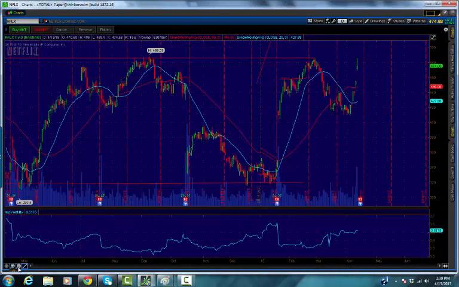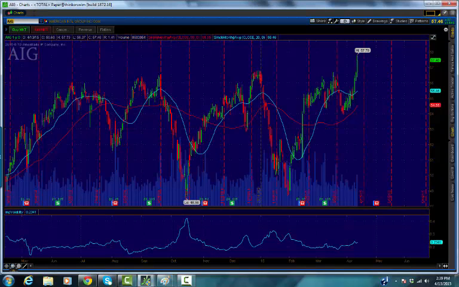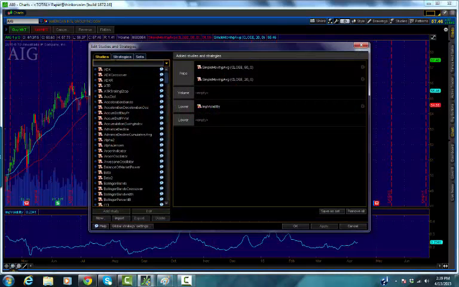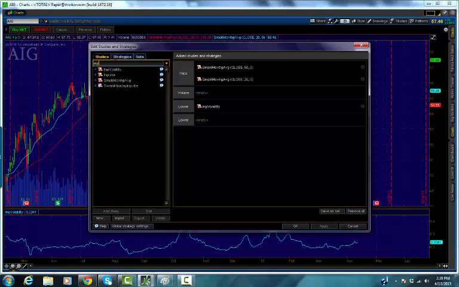Now, the first part of deciding whether or not one of these stocks is a good candidate is to look at the implied volatility and to make a decision on if it's at the low end of the range. I've added implied volatility on here as an indicator on my graph. If you want to do this in Thinkorswim, you go to the studies, you find it in the studies, just start typing IMP.